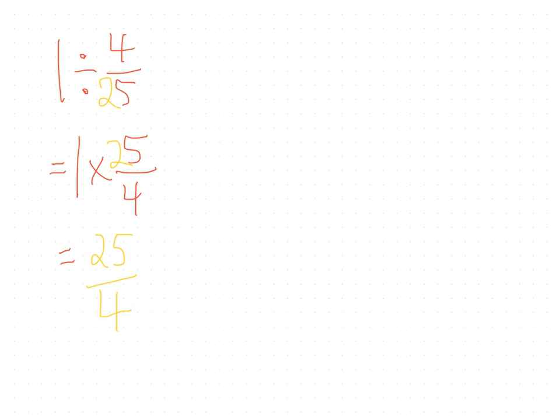And now let's write this as the original base powers. 25 is actually 5 squared, and 4 is actually 2 squared. And let's remove that power of 2 and write this as 5 over 2 squared. So, big picture, let's put this all together.